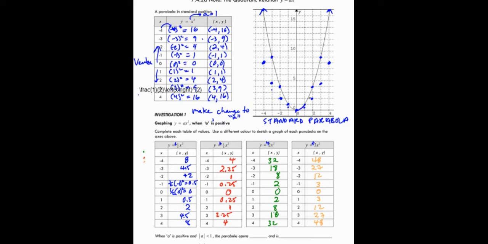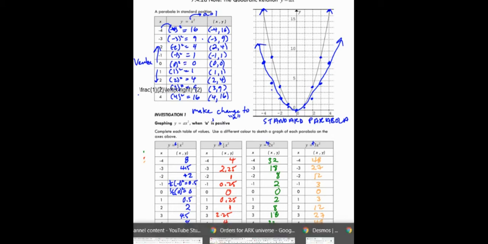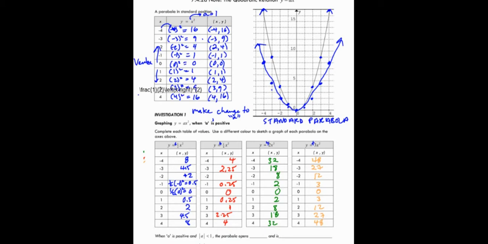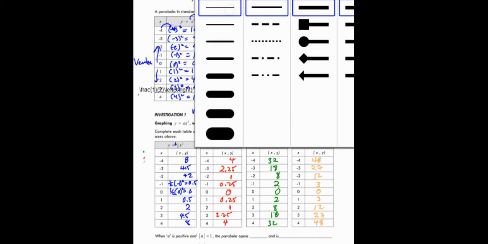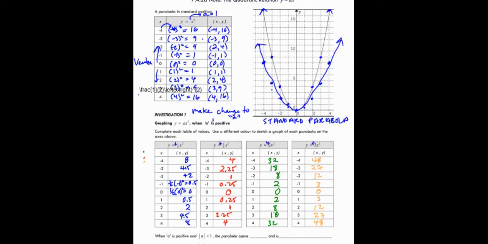All right, so we have a parabola going out this way. What do we notice? Well, it's a little wider than the standard parabola. I'm going to show you on the graphing calculator afterwards because it becomes quite clear what happens to the parabola as you change your A value.